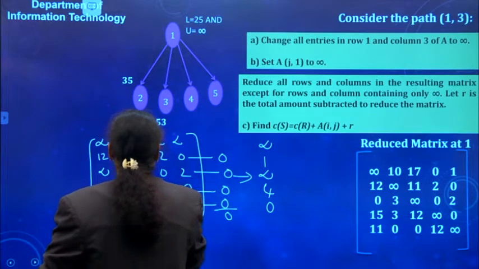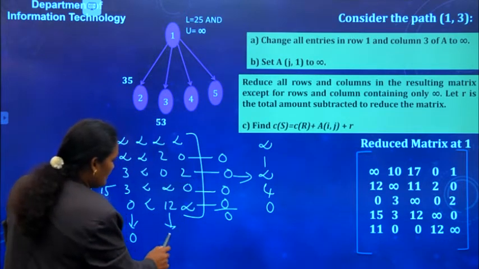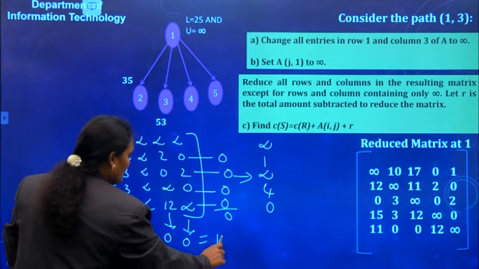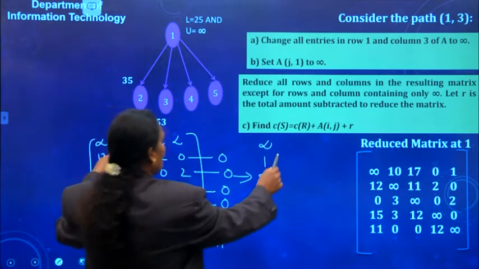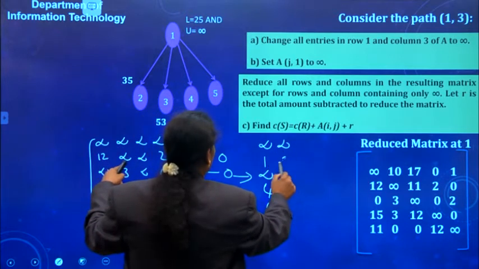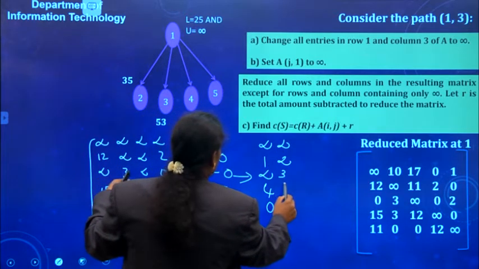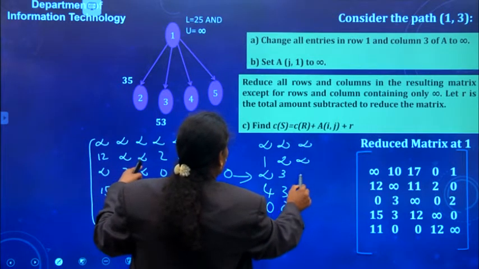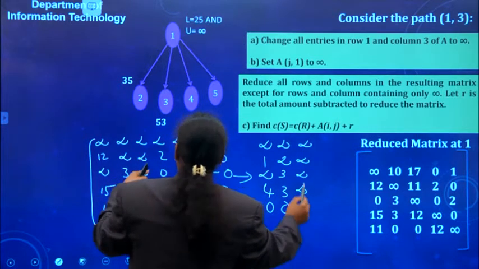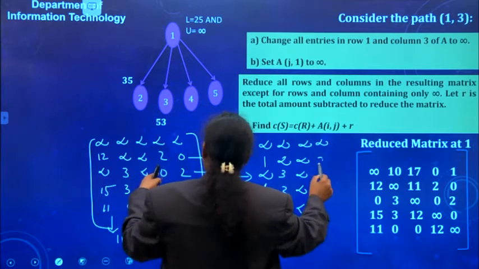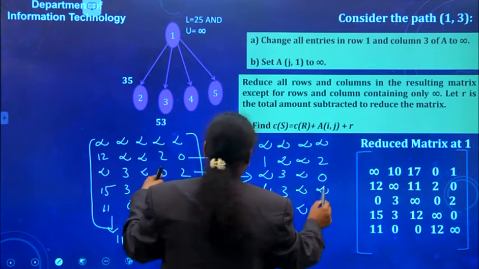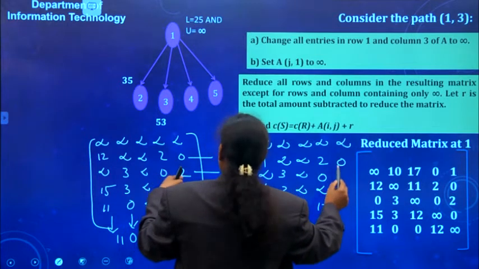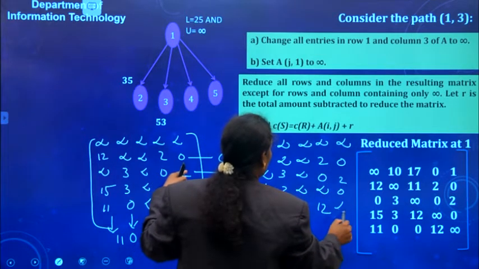Now these columns contain 0. What is the total column reduction? 11. Now what does the matrix become? Since we are not reducing any value from the remaining entries, we consider them as they are: 0, infinite, 12, infinite, 0, 2, 0, infinite.